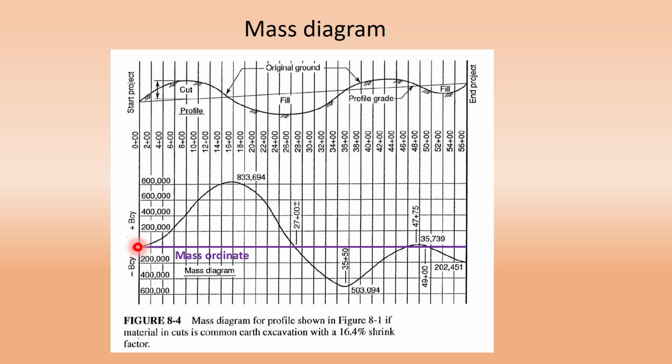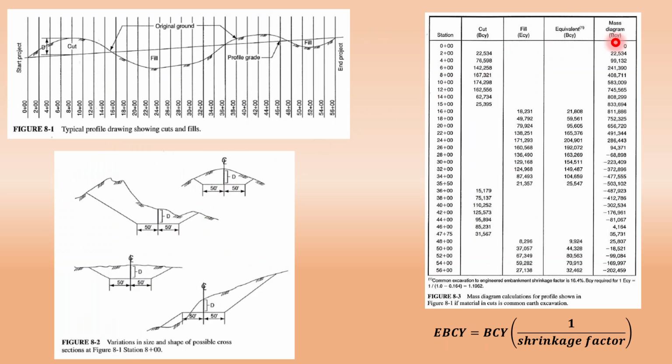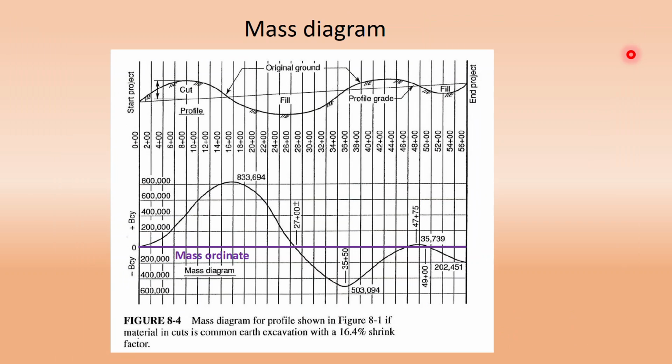So on our mass diagram, we're plotting positive data points. And from 0 to station 2 plus a pair, let me go back one more time, we accumulated 22,500 cubic yards of material. So at station 2 plus a pair, you come up positive 22,000 cubic yards on your ordinate.